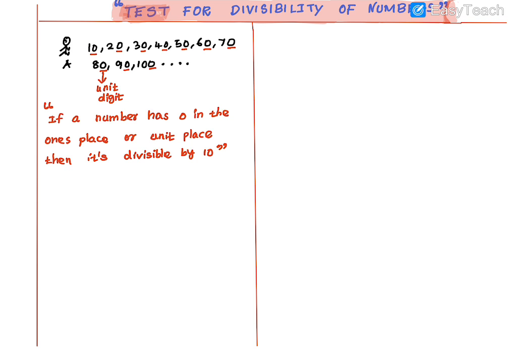For example, check whether 130 is divisible by 10. If a number is divisible by 10, then its unit place is 0.